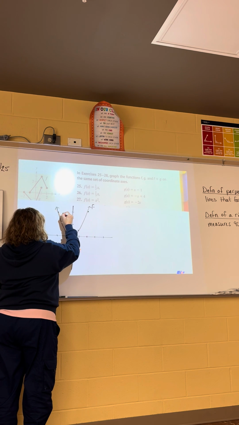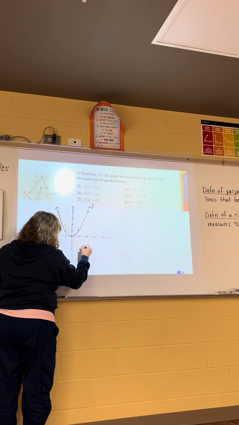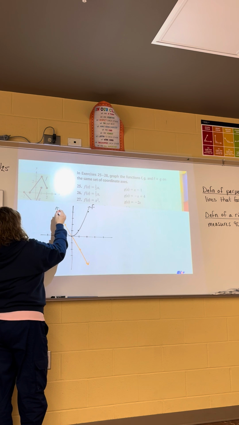It passes through that point. They intersect right there.